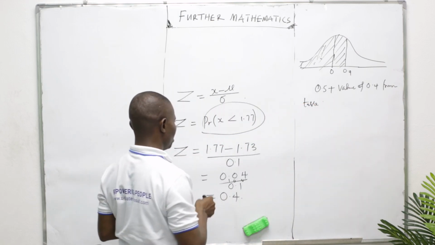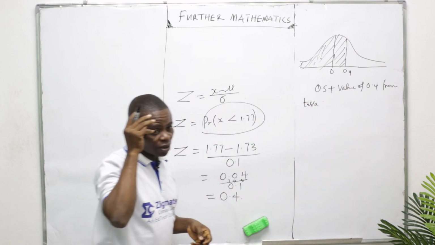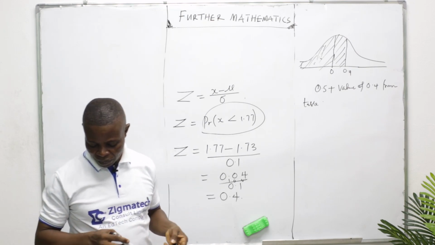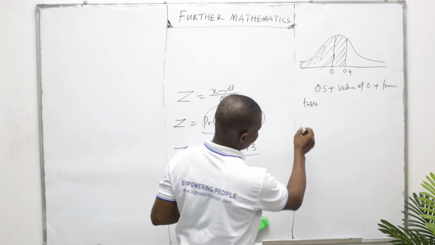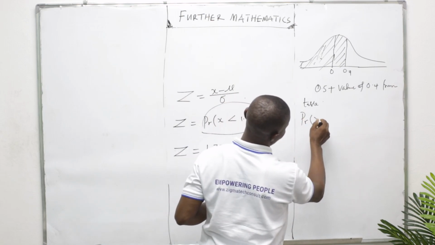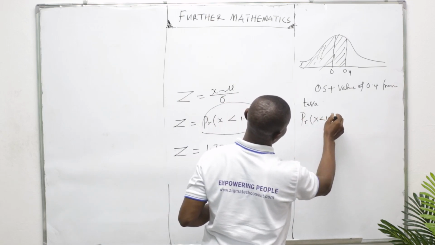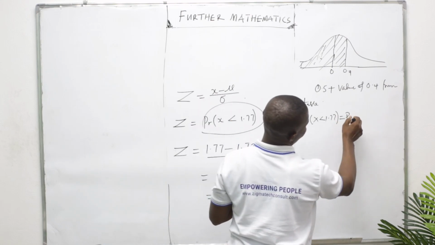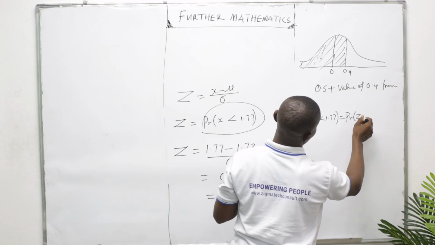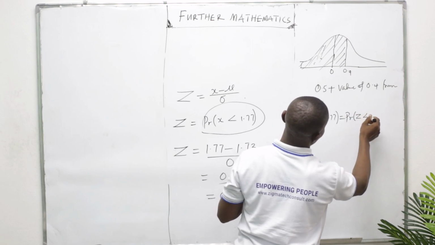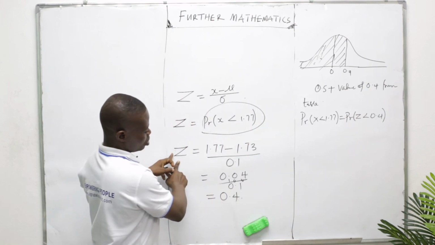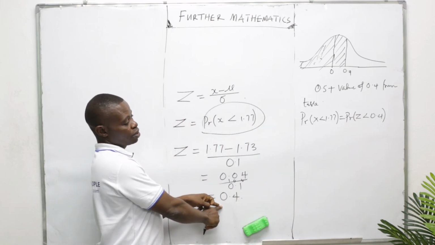So to present this now, we now have that the probability of X less than 1.77 equals the probability of Z less than 0.4, because Z equals what? 0.4.